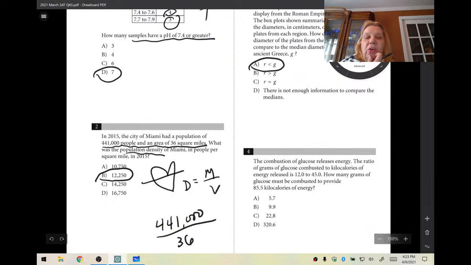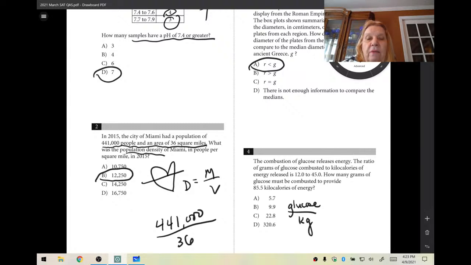The combustion of glucose releases energy. The ratio of glucose to kilocalories of energy is 12 to 45. How many grams of glucose must be combined to provide 85.5 kilocalories of energy? Okay, so we use our little ratio formula, glucose to kilocalories, so we don't make a mistake.